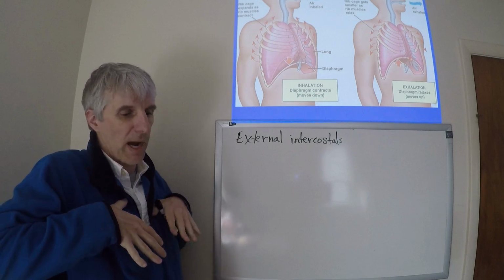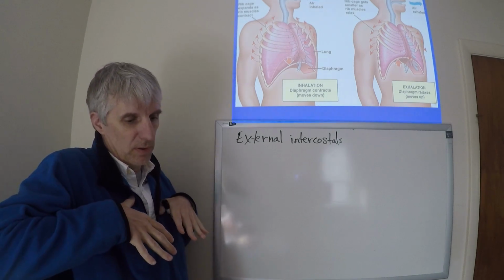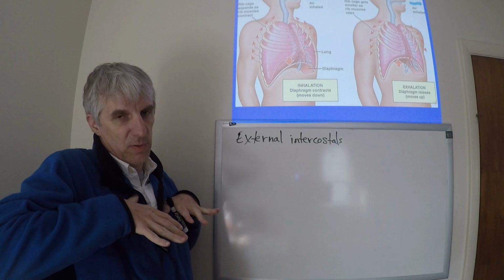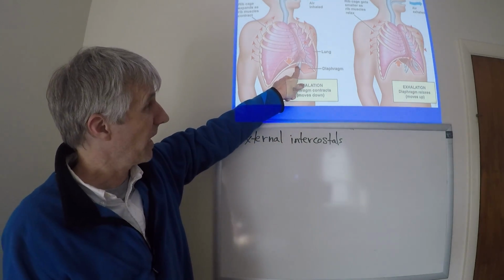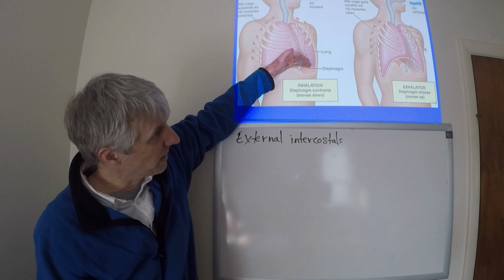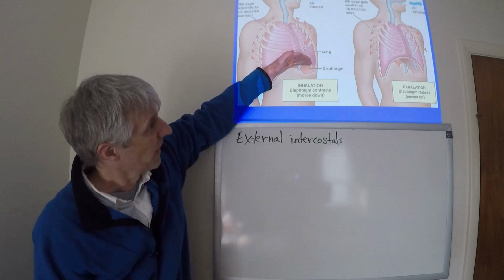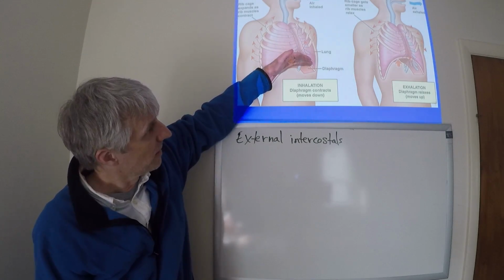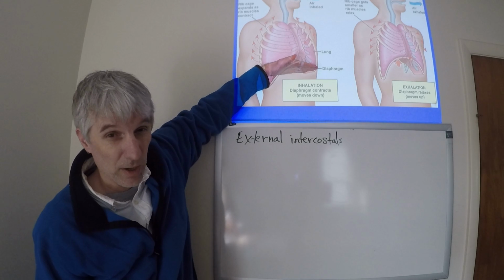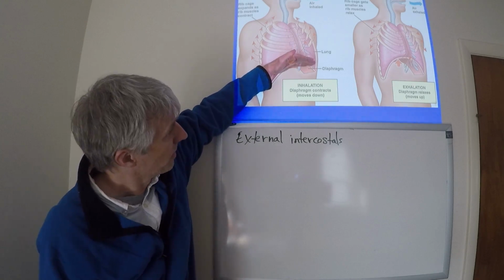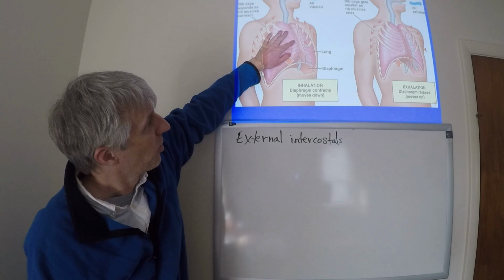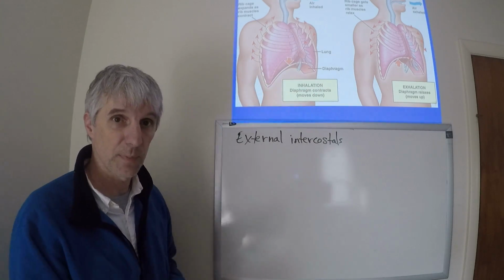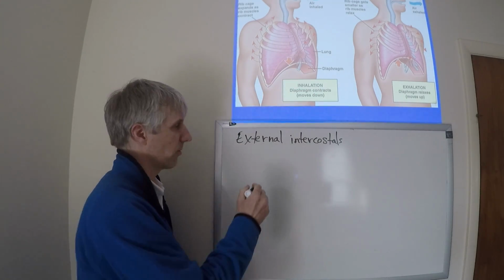So I contract those, it pulls the thoracic cavity open this way, and at the same time, I'm going to contract this diaphragm muscle. When it contracts, it straightens out or tries to straighten out. So the contraction straightens out this diaphragm, further opening up the volume within the thoracic cavity.